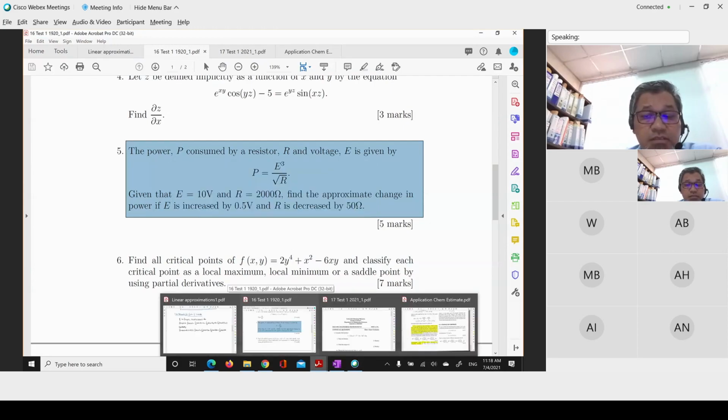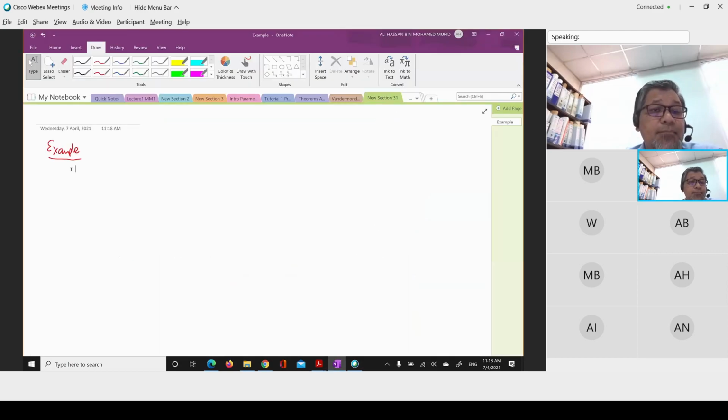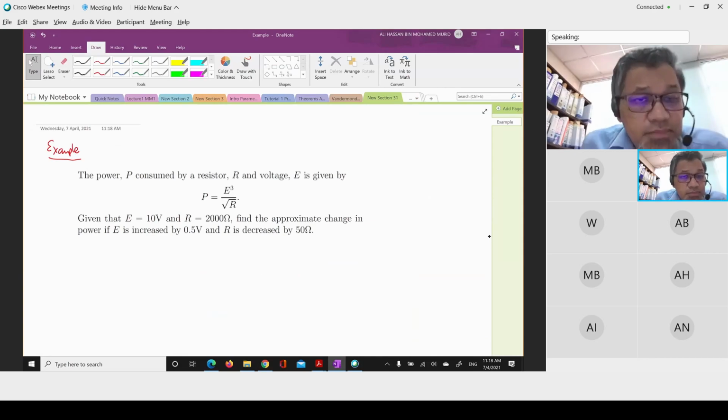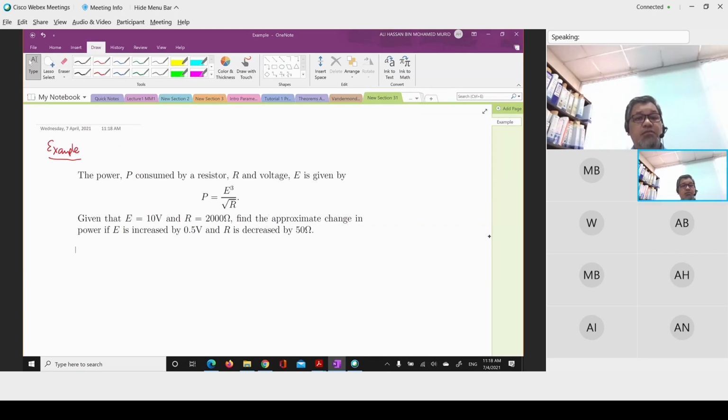Which is related to electricity. The power P consumed by a resistor R and voltage E is given by P equals E cubed over square root of R. Is it true?